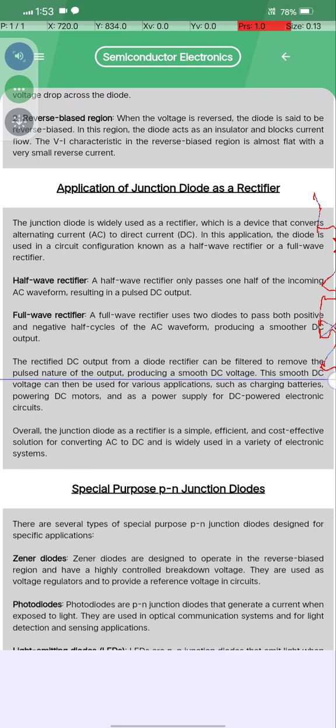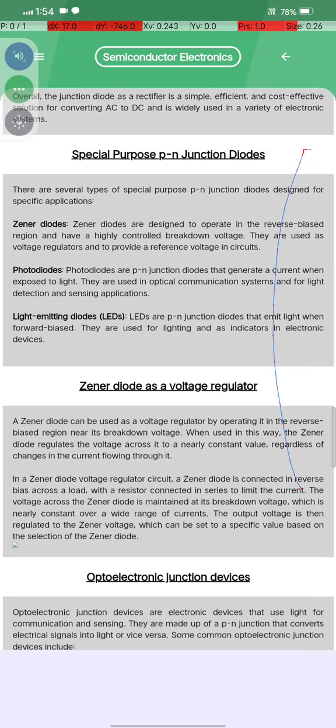The smooth DC voltage can be used for various applications such as charging batteries, powering DC motors, and as a power supply for DC electronic circuits. Overall, the junction diode rectifier is a simple, efficient and cost-effective solution for converting AC to DC and is widely used in a variety of electronic systems.